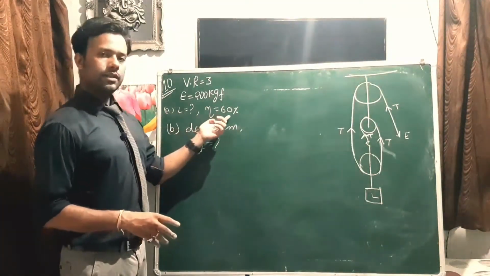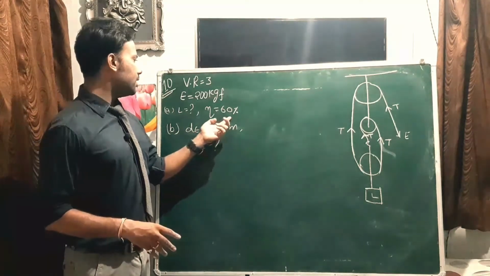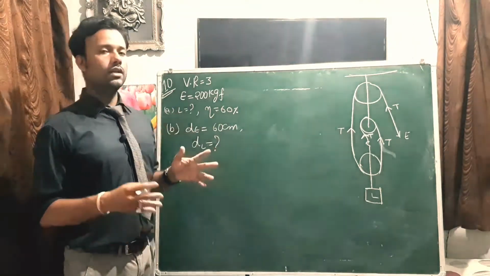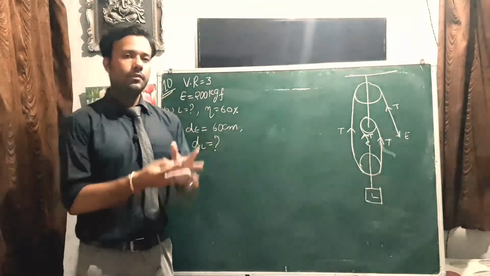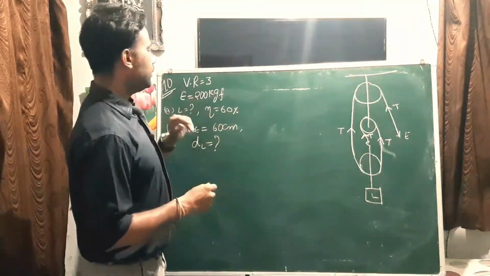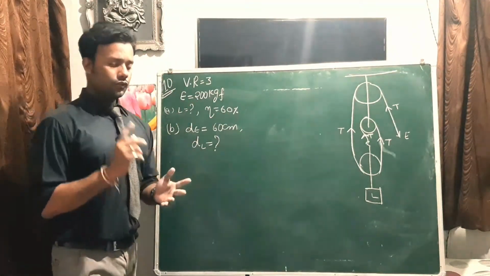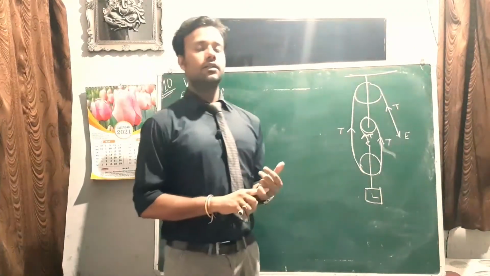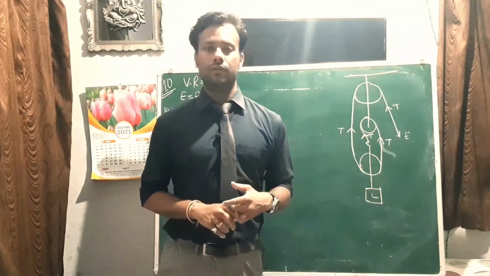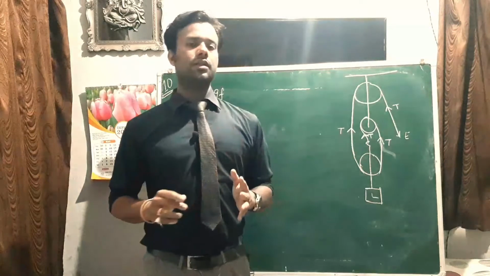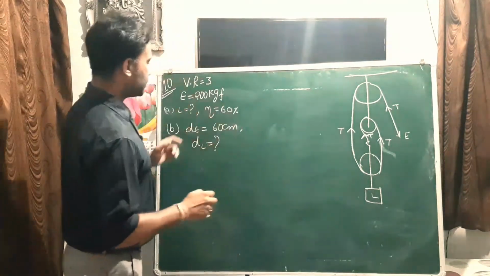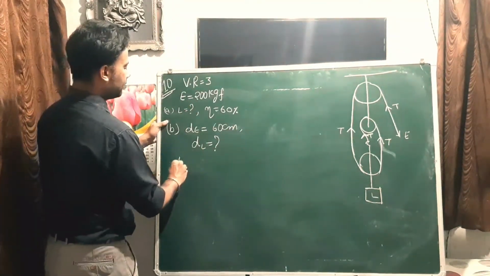If the efficiency is 60%, we have to find the value of load that this effort can pick, right? And VR is 3. So we know the relation between the mechanical advantage, velocity ratio, and the efficiency. So first calculate the MA of the system. What will be MA?